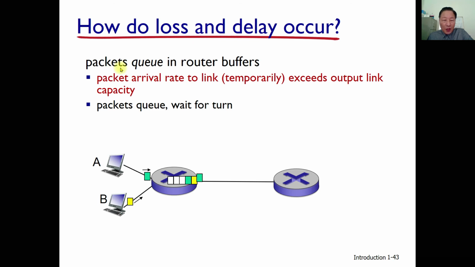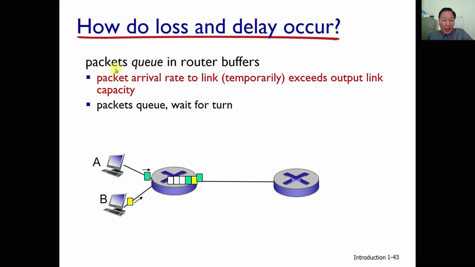Packet queue, as I mentioned already: a packet is traversing through that router, and the router has limited memory size. If data is arriving more than that memory size, then it will be dropped. That is loss. And the other packets stored there should wait to use that shared link.